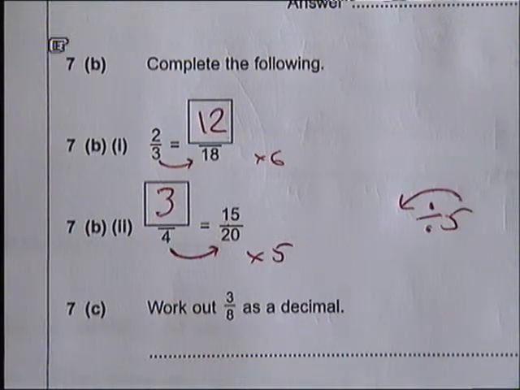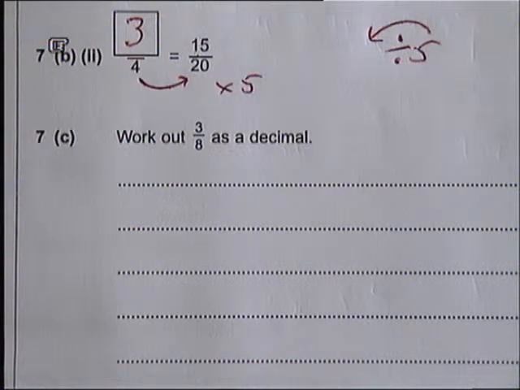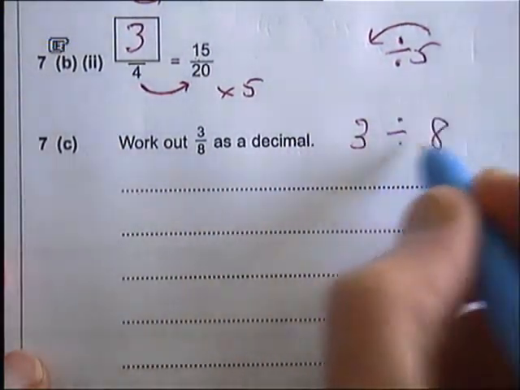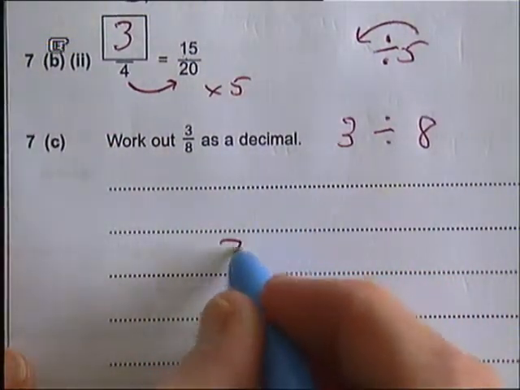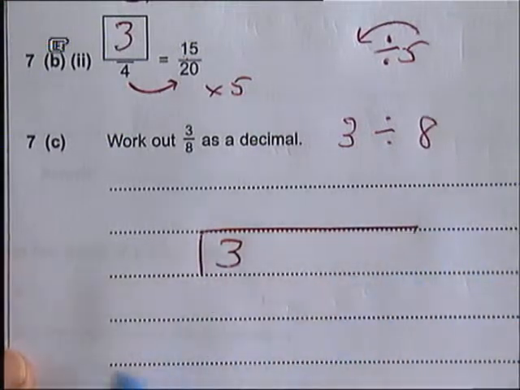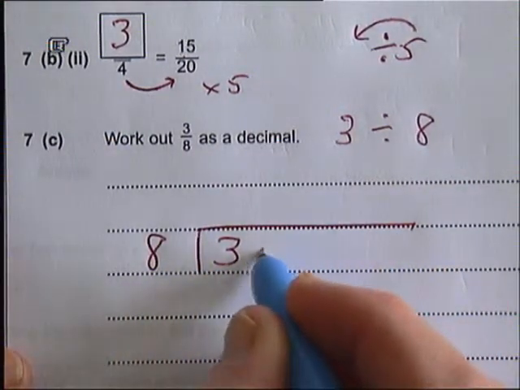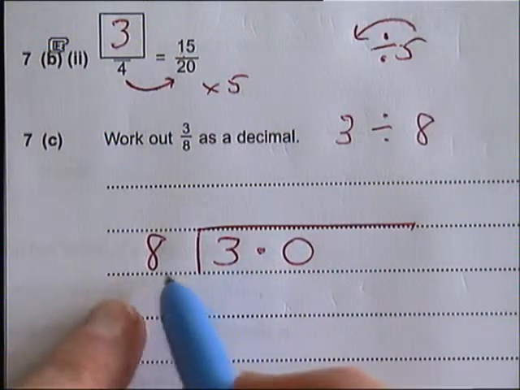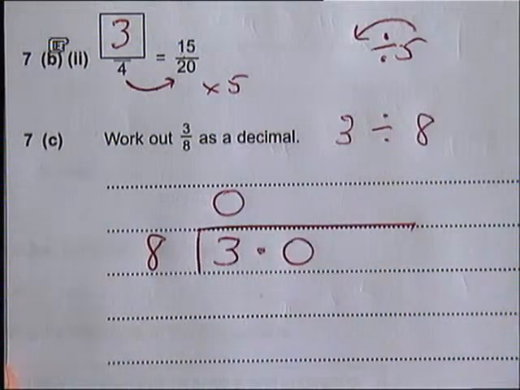So the next question, moving on down here, working out 3/8 as a decimal. 3/8 means 3 divided by 8, and that's probably the best way of doing it. I've put an extra long thing on here because I know I'm going to have to put some noughts on as we go. 8 into 3 doesn't go at all, so naught will go up there.